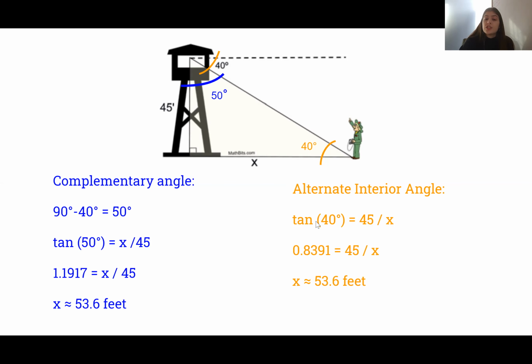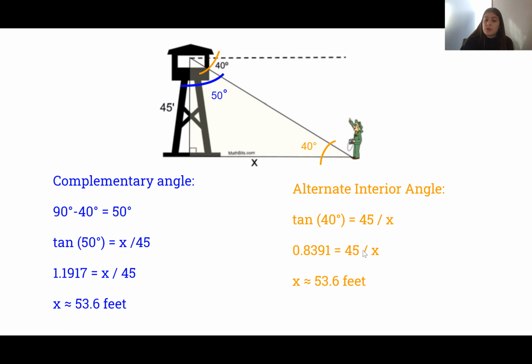So we're doing the tangent of 40 degrees, and our opposite side now is going to be our 45, and our adjacent side is going to be our x. So notice here how tangent of 50 was x over 45, while tangent of 40 is going to be 45 over x. You see, x over 45, 45 over x.